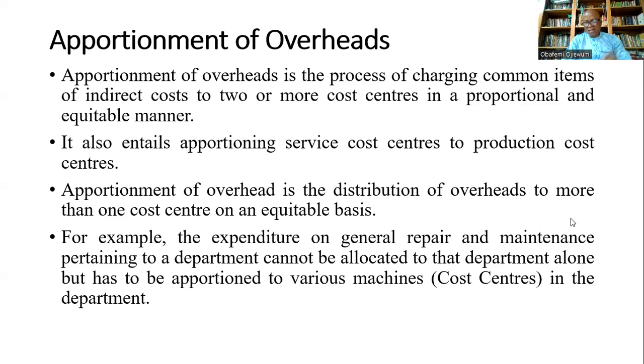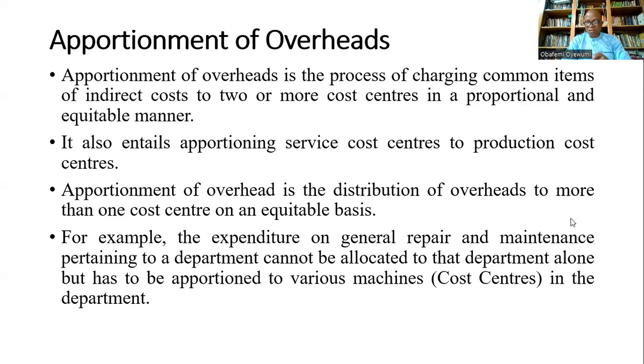So apportionment of overhead is the distribution of overheads to more than one cost center on an equitable basis. For example, expenditure on general repairs and maintenance pertaining to a department cannot be allocated.